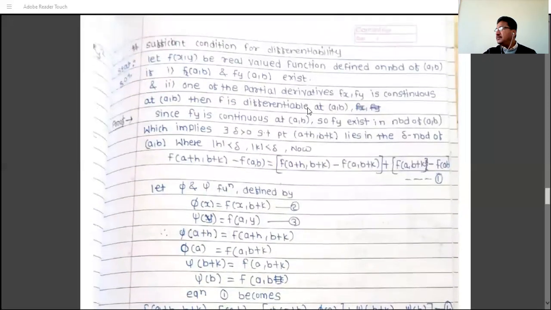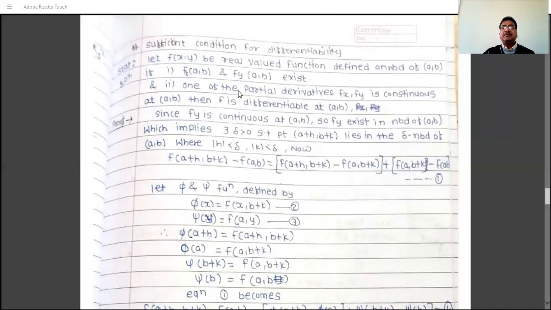That is, out of f_x and f_y, if one of them is continuous at (a,b), then the function is differentiable at (a,b). We know that if the function f is continuous at (a,b), then f is not necessarily differentiable at (a,b). But if one of them, f_x or f_y, is continuous at (a,b), then the function is differentiable at (a,b).